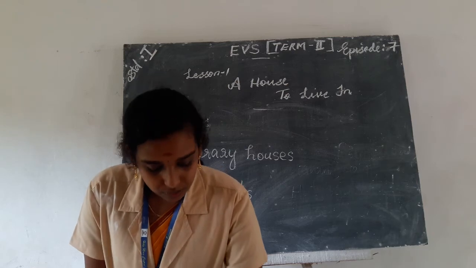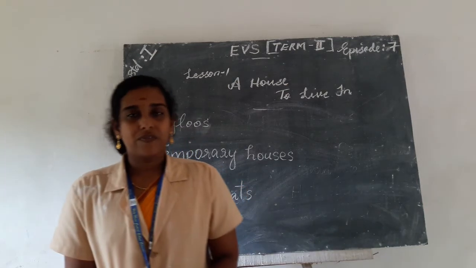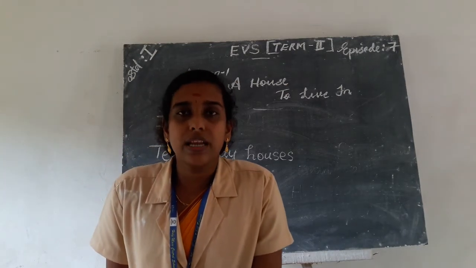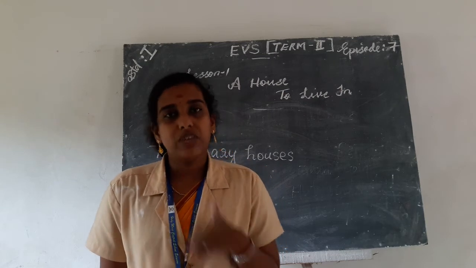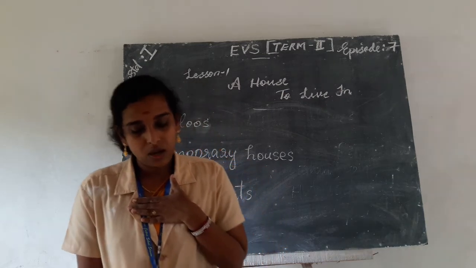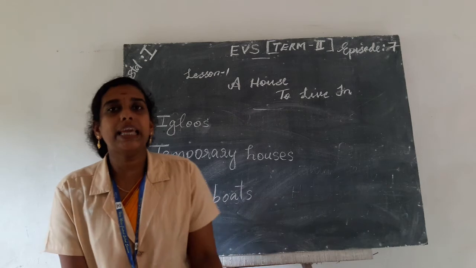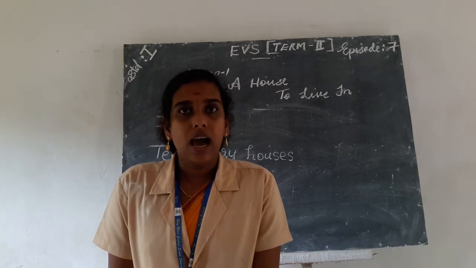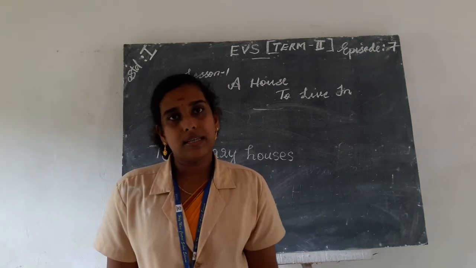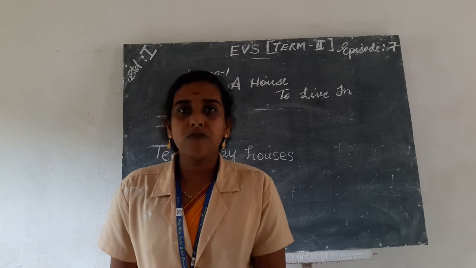And so some questions are here. We live with our dash in our house. We live with our family in our house. Our parents, grandparents, cousins together are called a family.